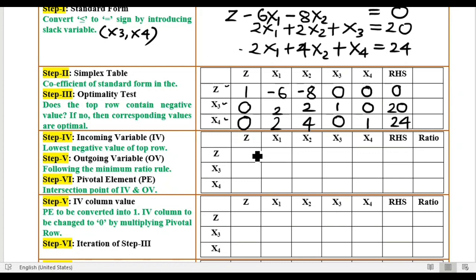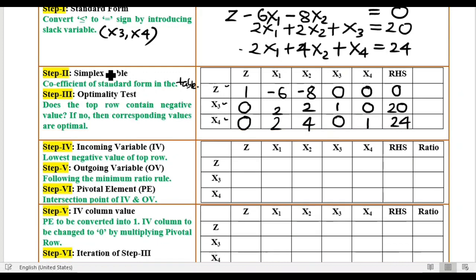So step 2, we have prepared this simplex table by writing the coefficients of the standard form in the table. This is done. The third step is the optimality test.